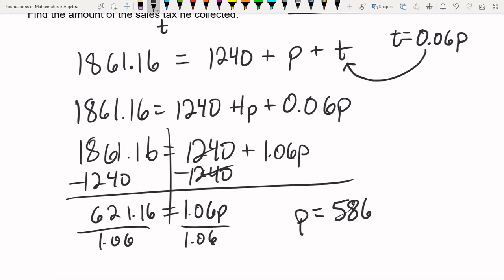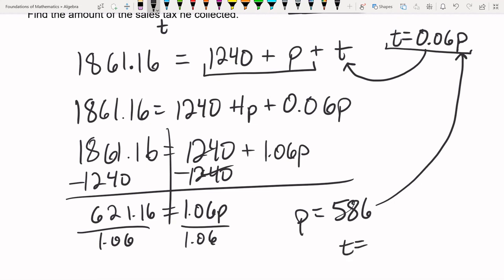So to find what the sales tax is, we can either subtract 1240 plus 586 from 1861.16, or we can just plug this number right into here. And that will tell us what t equals. I'm going to do that.